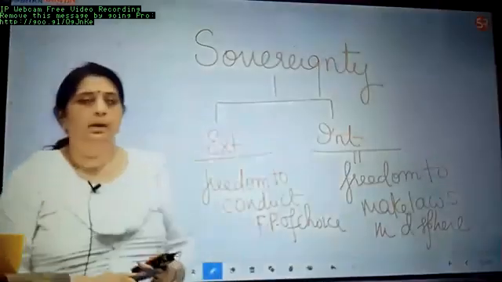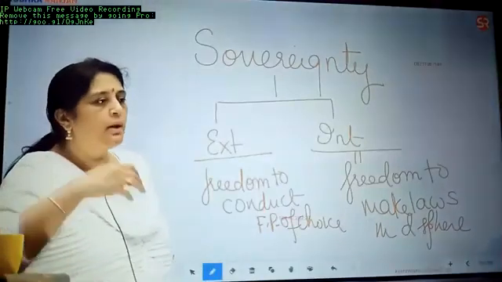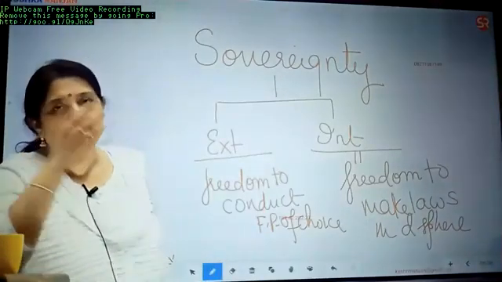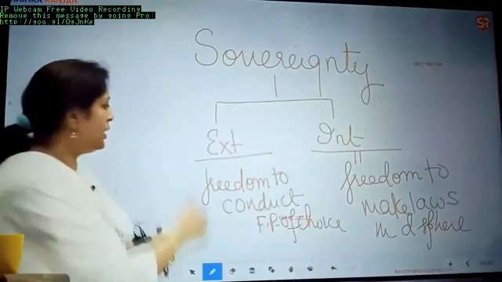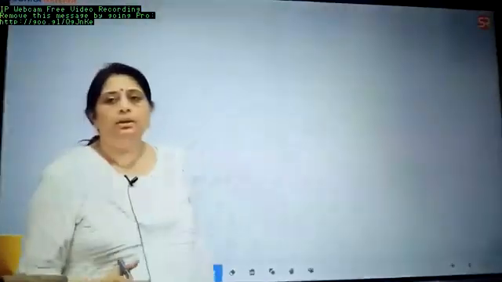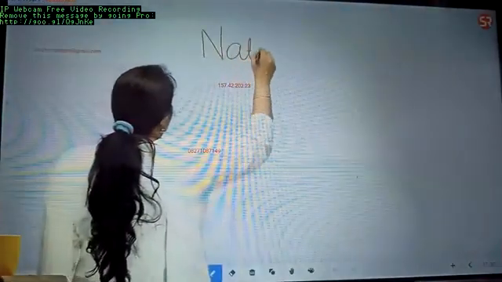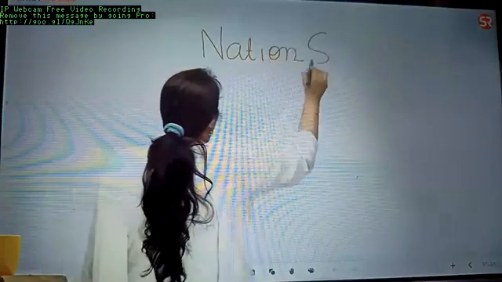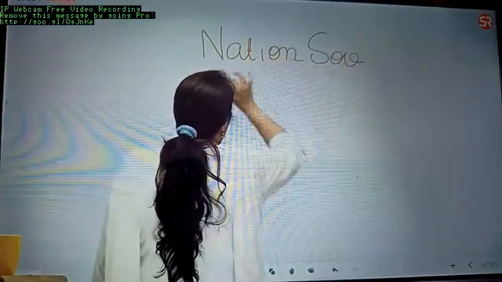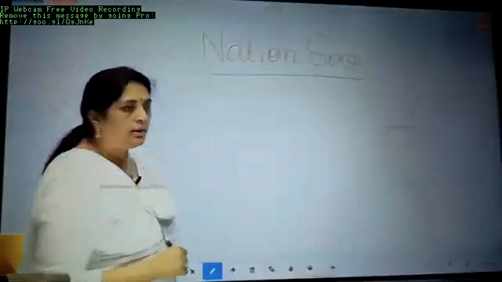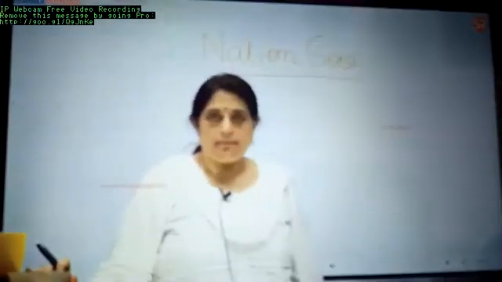Fine. So, freedom to conduct the foreign policy. Now, this is not so important at present. Somewhere else we will discuss. Fine. So, the defining characteristic of the nation state is sovereignty. Fine. In internal and external sphere.